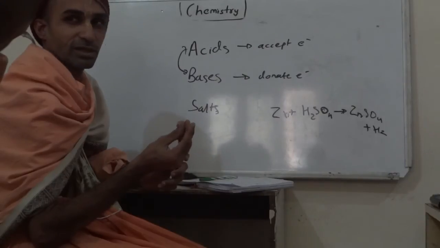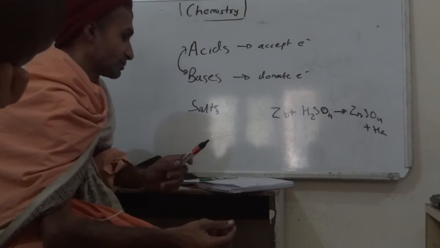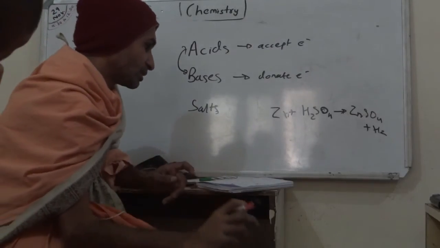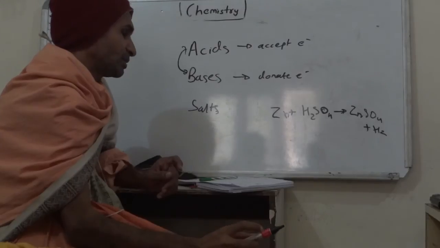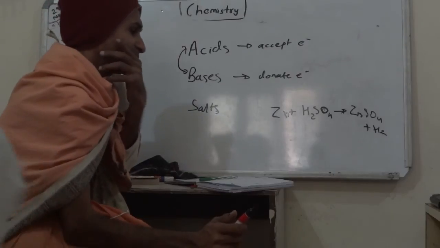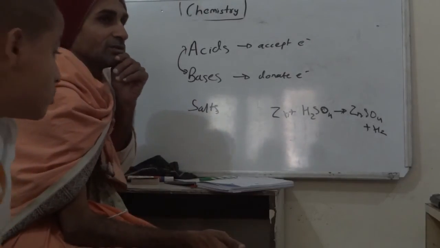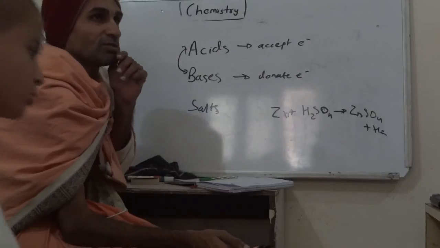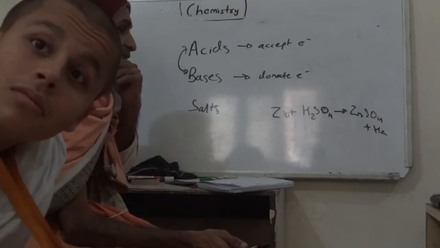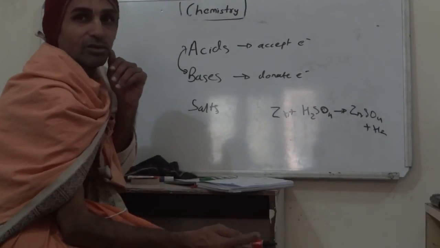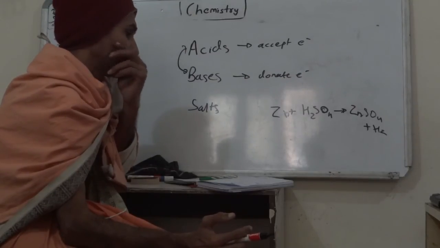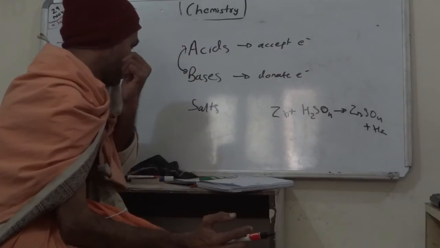They convert red litmus to blue. They are electrical conductors only in some conditions, when they are in aqueous solution. When dissolved in water, it becomes an electrical conductor. And they react with some metals, not all metals. These are the basic things about base.